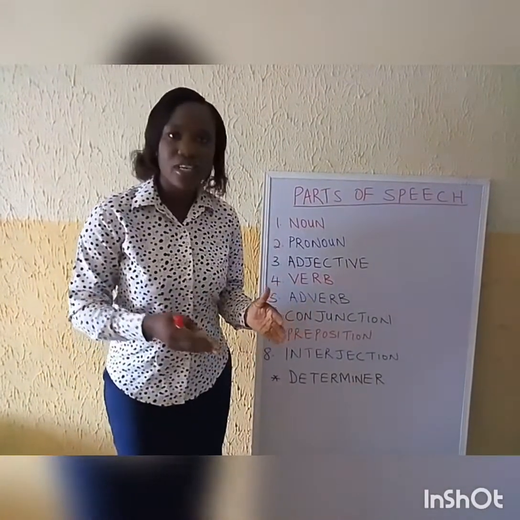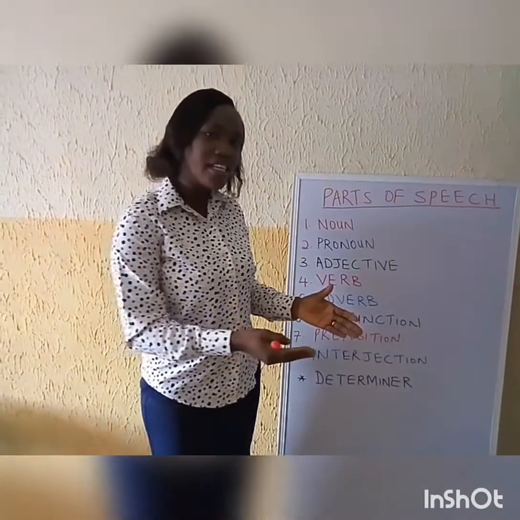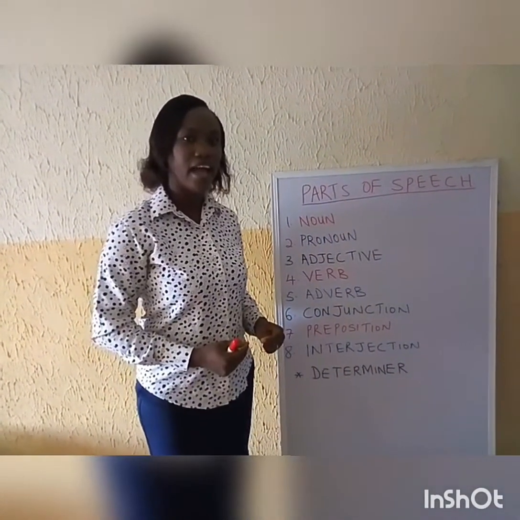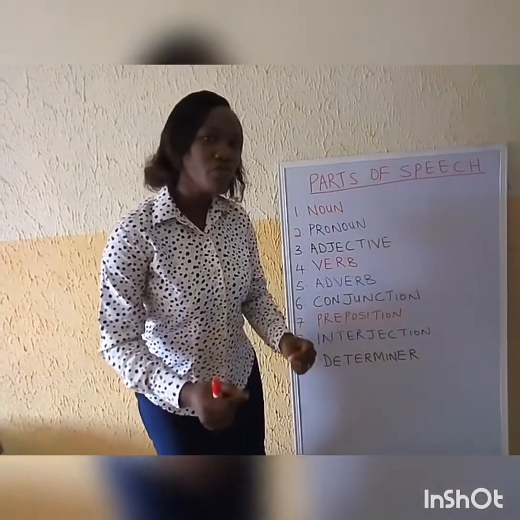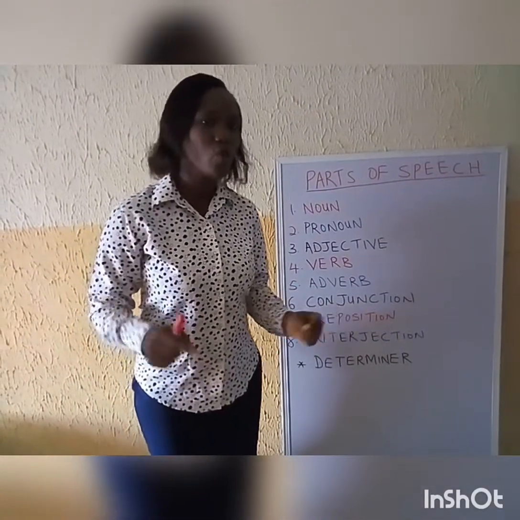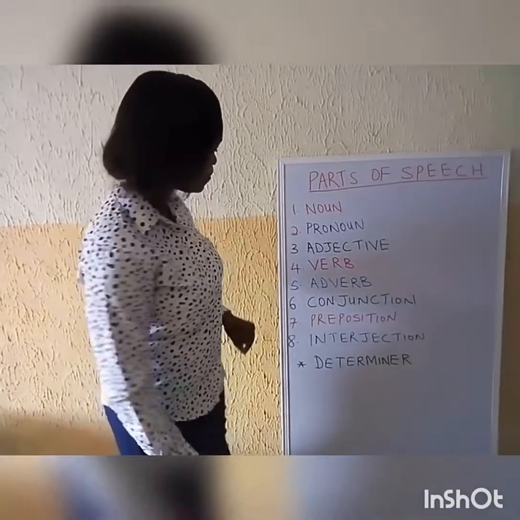The house is beautiful. House is a noun. We are describing the house. Beautiful is the word that we use to describe the house. So beautiful in that sentence is an adjective.